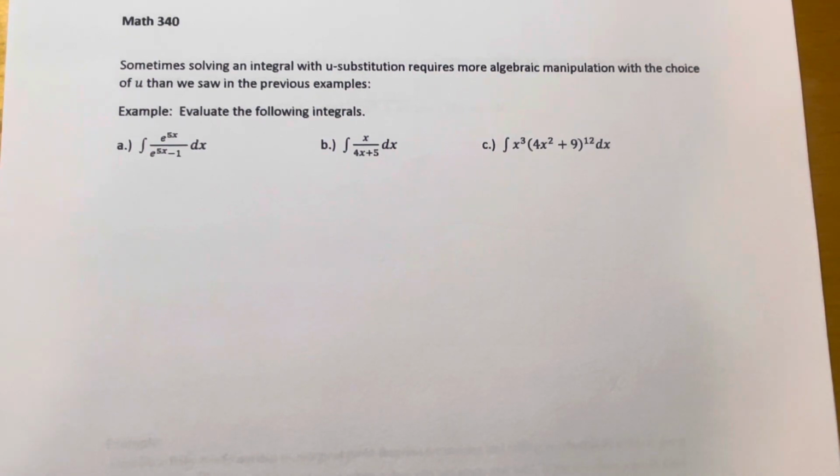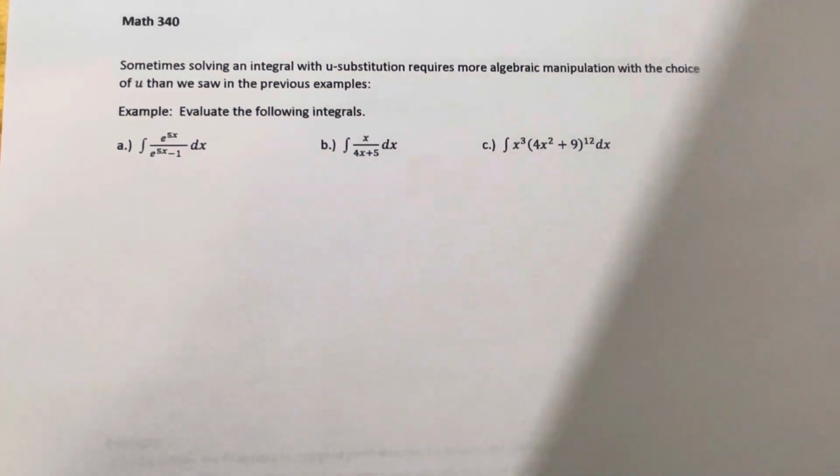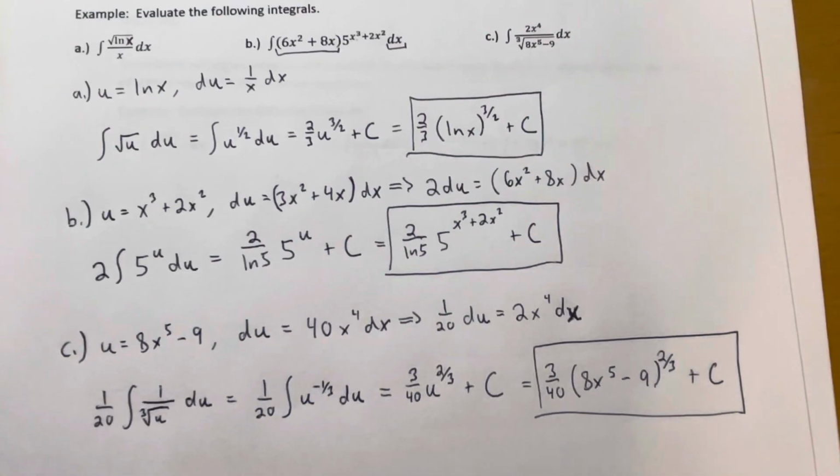All right, let's move on to these. So in this case, sometimes when we do a u substitution, you might need to do some algebraic manipulation with your choice of u, not just the du. We have now seen multiple times, let's go back here, that you may get a du that does not exactly match what you want.